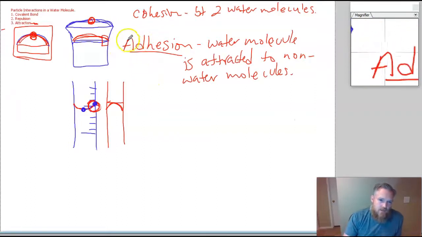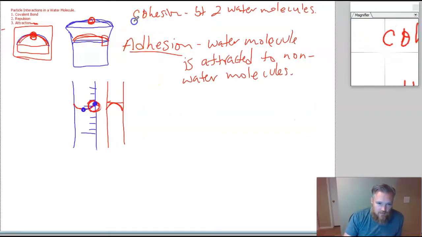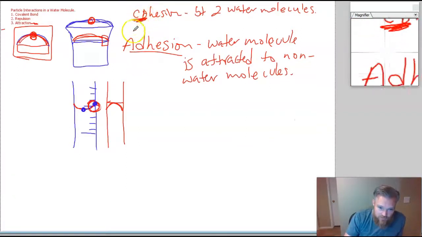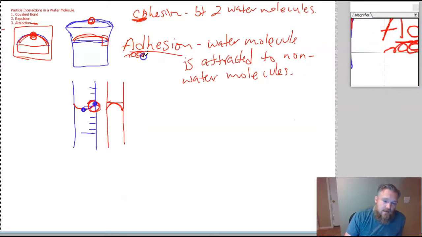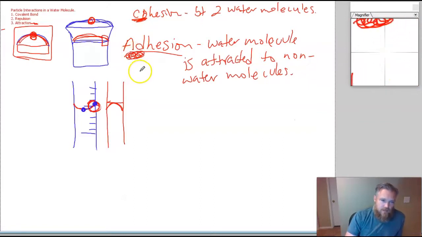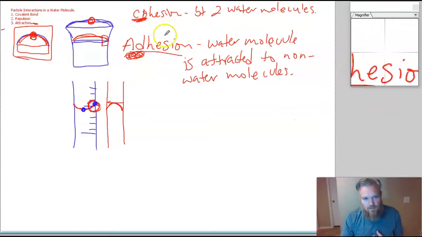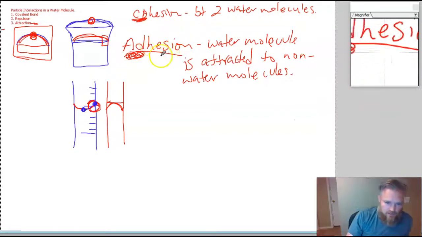And you think of adhesion, tape, you stick it to something. I always say, when I'm trying to remember these two words, co means together, two things usually together, which in this case, co is two waters, right? And then ad usually means not together. So they're not the same thing, but they are together in the adhesion part.